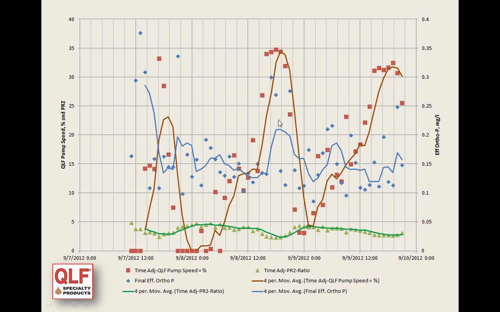And so that meter is 12 hours of detention time after the feed point. So that's why I time adjusted all of this. The green line is the PR2 that I was talking about, that ratio that determines when the pump should feed and when it should not feed.